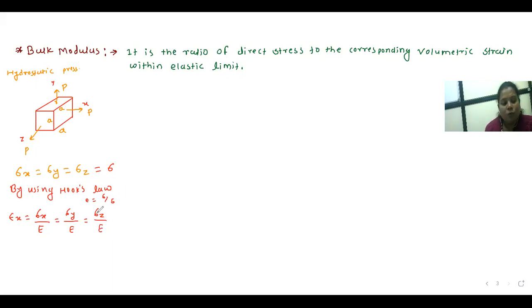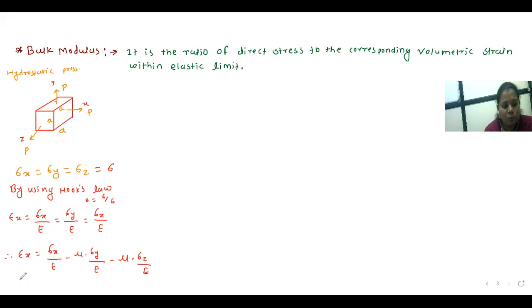Now we will put values here. Already we have considered the stress generated in the x plane equal to the stress generated in the y plane equal to the stress generated in the z plane. Therefore, epsilon x is equal to sigma x divided by E minus mu into sigma y upon E minus mu into sigma z upon E. This is the volumetric strain equation.